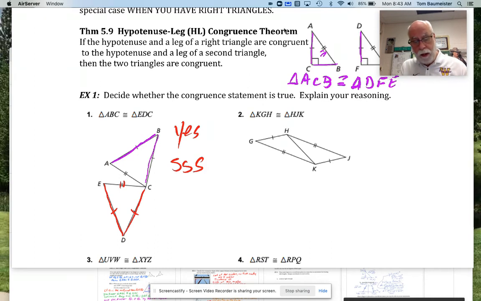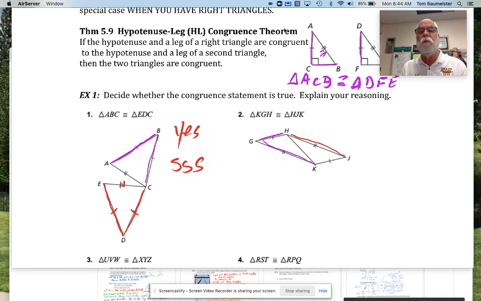On the second one here, they are saying triangle KGH. So I'm going through that one there, marked 2, and then the one marked 1. If I do the same thing on the other one, then it should be okay. So I'm going to go through HJ.